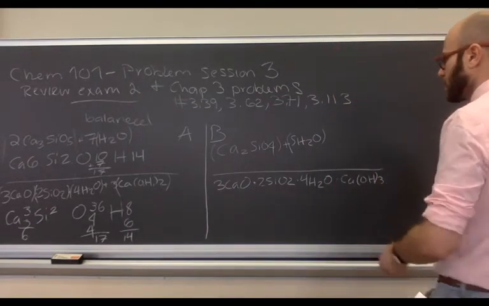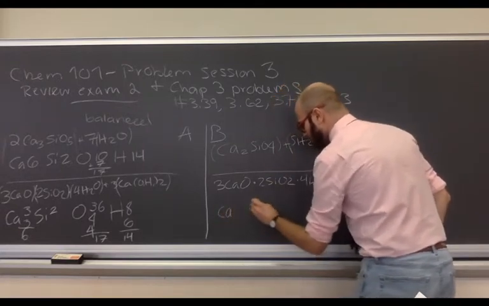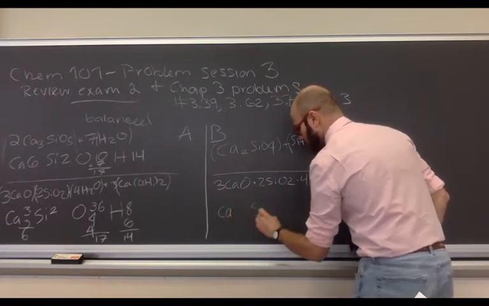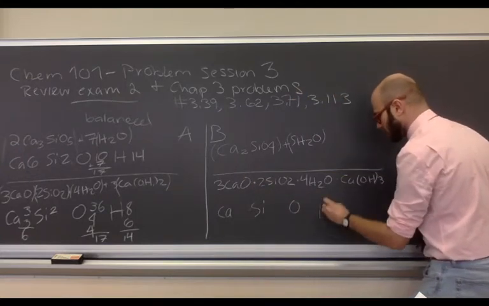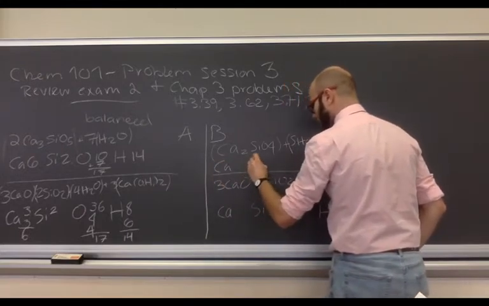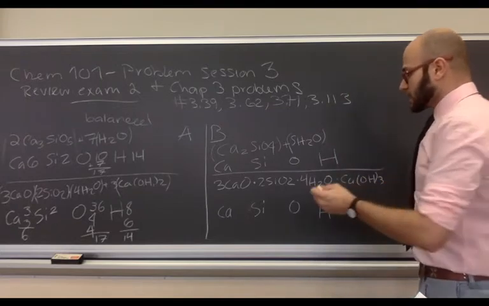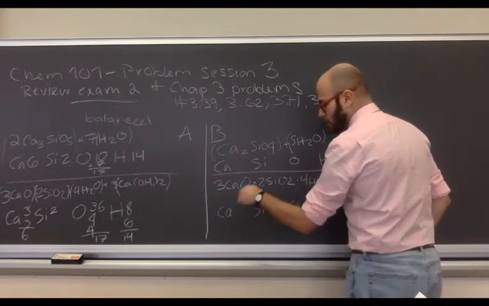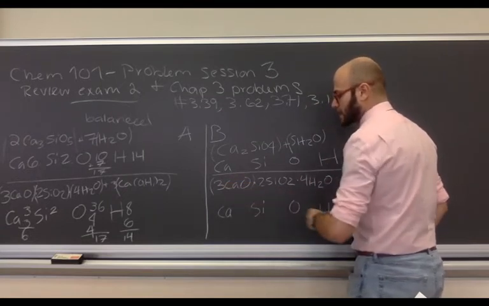Okay, so let's do this. On the bottom here, we're going to write out our elements individually. Doesn't really matter which order they're in, but I'll write them in the same order as the other side so it's a little easier to see. And we can do that over here as well. So we have in this component, which again is in these parentheses, the 3 is only affecting the CaO.